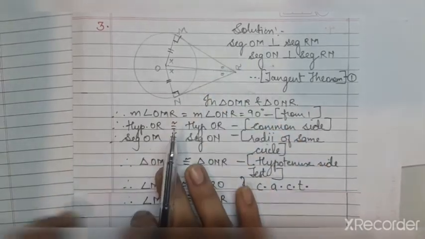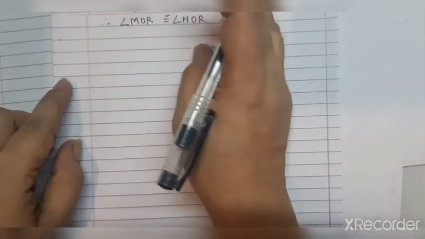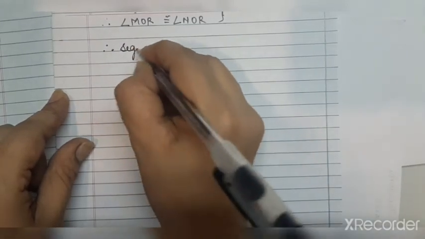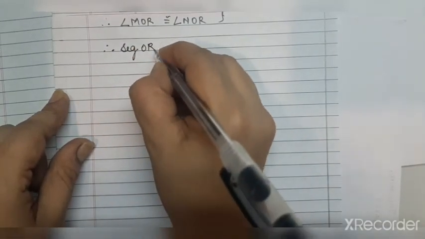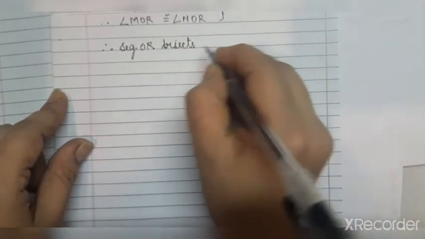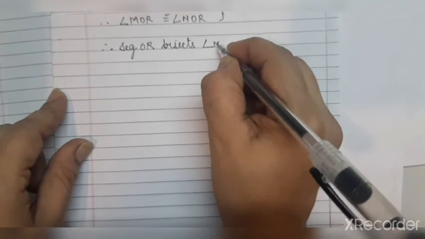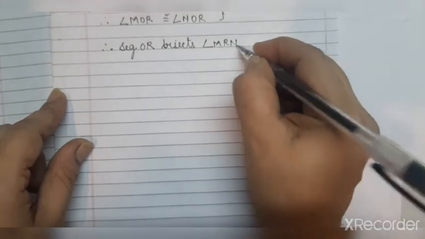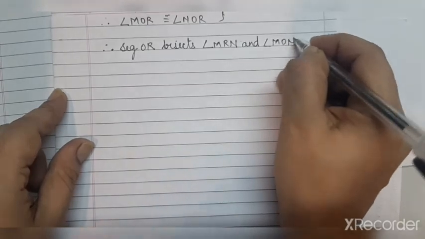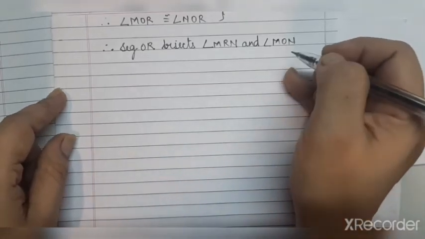So from above we can write, therefore, segment OR bisects angle MRN and angle MON. This is what was asked to prove.